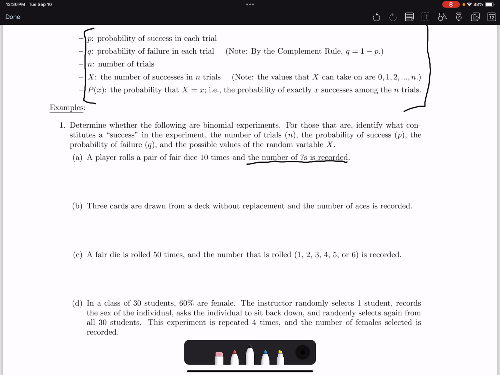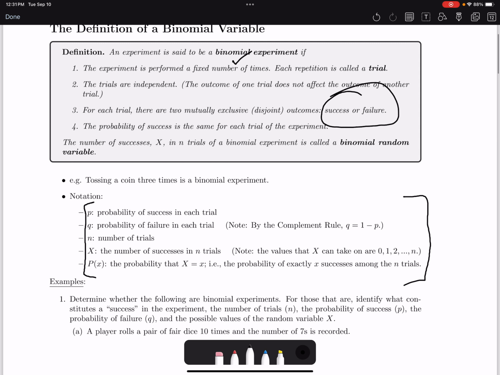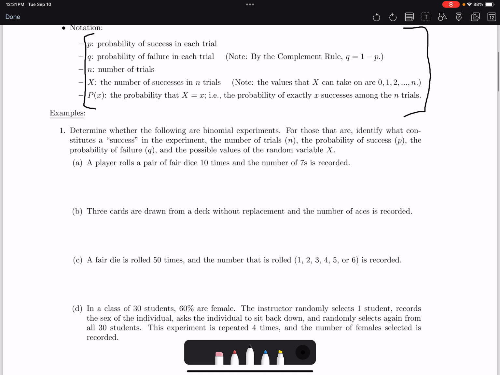And so either you roll a 7 or you don't, right? And so that makes for success and failure. And then finally, the probability of success is the same for each trial of the experiment. Yeah, that's going to be the case, right? The probability of rolling a 7 is the same every time you roll the dice. So yes, this is binomial. Okay. Success in this case is rolling a 7.